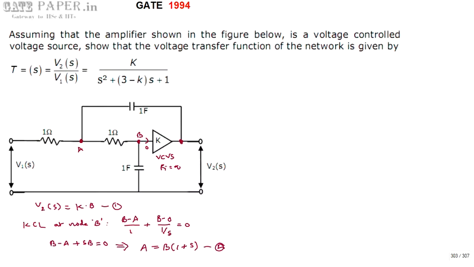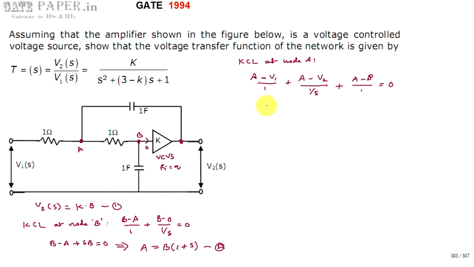Next we are going to apply KCL at node A, which is this point. A minus V1 by 1 ohm, plus A minus V2 divided by 1 by S, plus A minus B divided by 1 ohm is equal to 0.